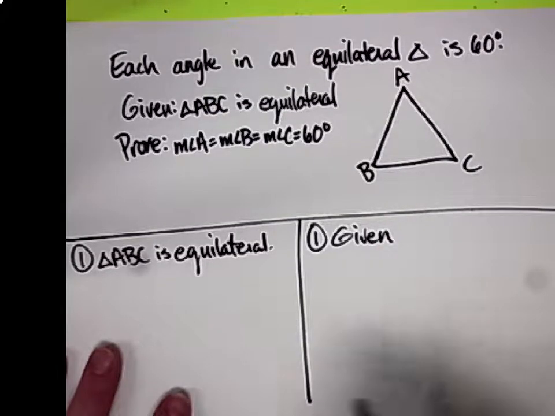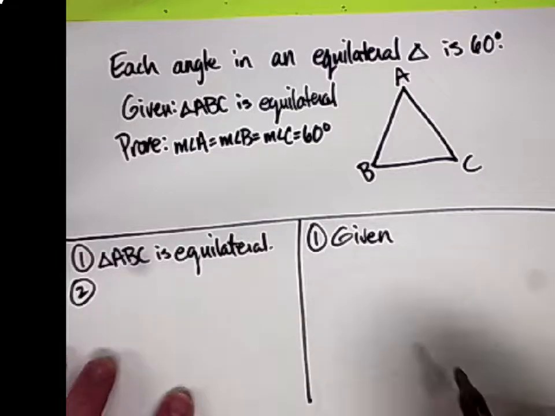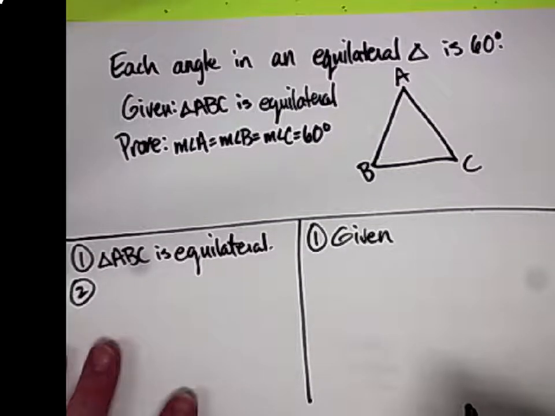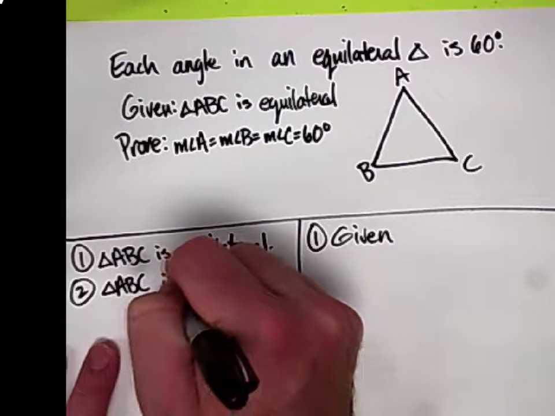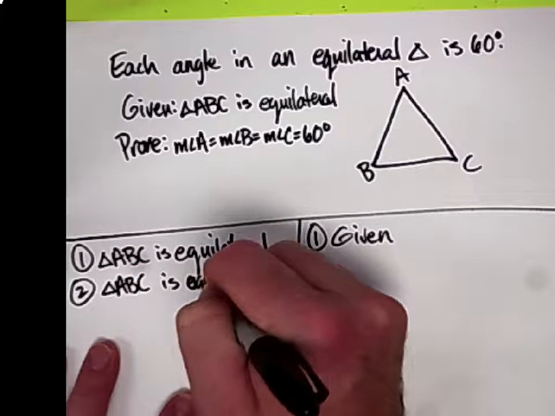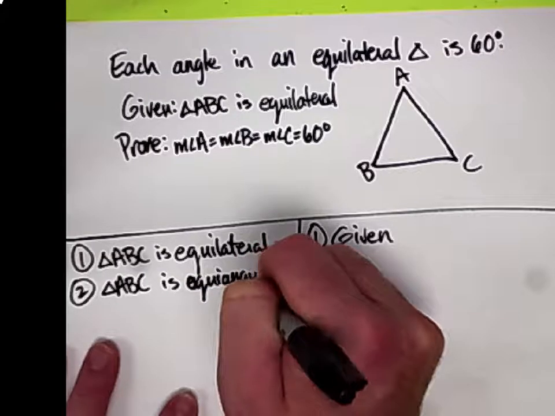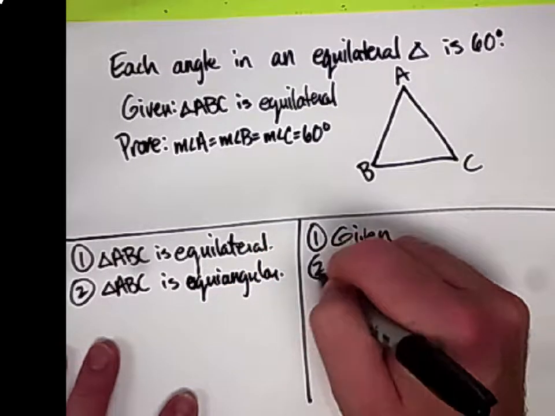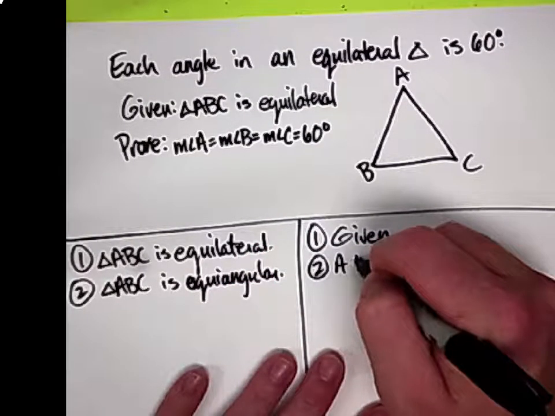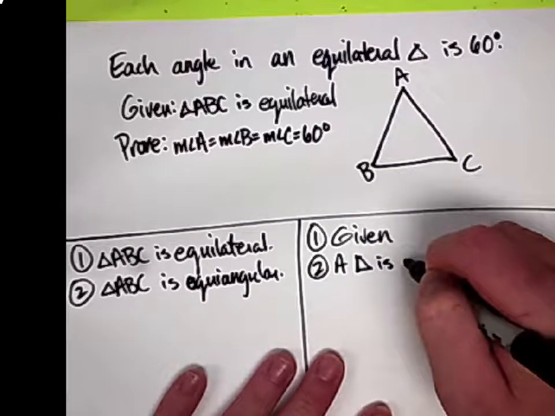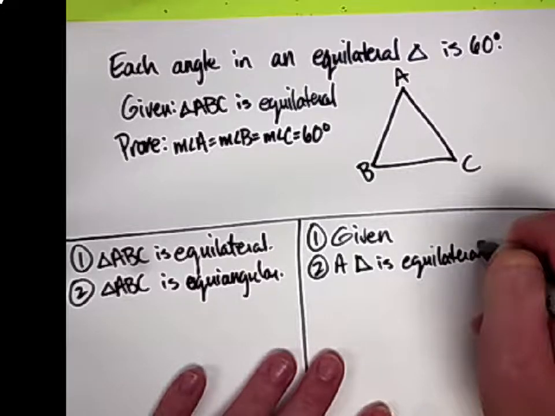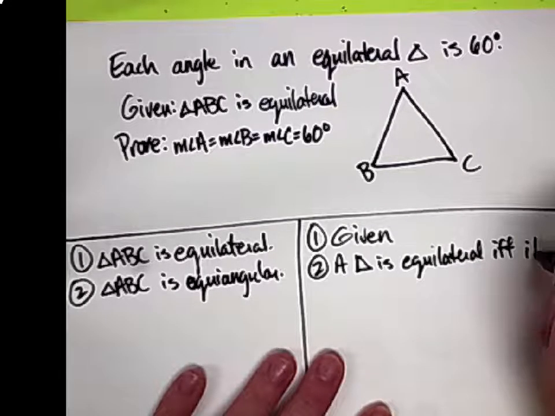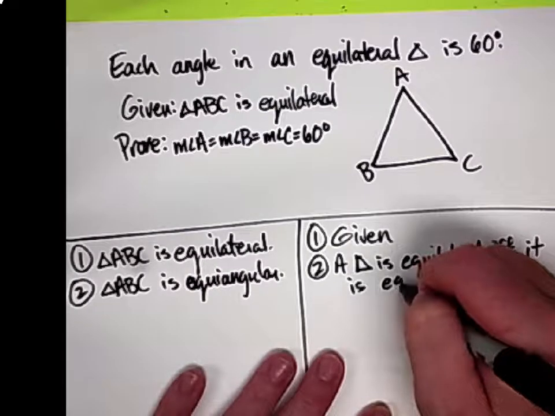Okay, well, we just proved that that also means that triangle ABC is equiangular, because a triangle is equilateral if and only if it is equiangular.